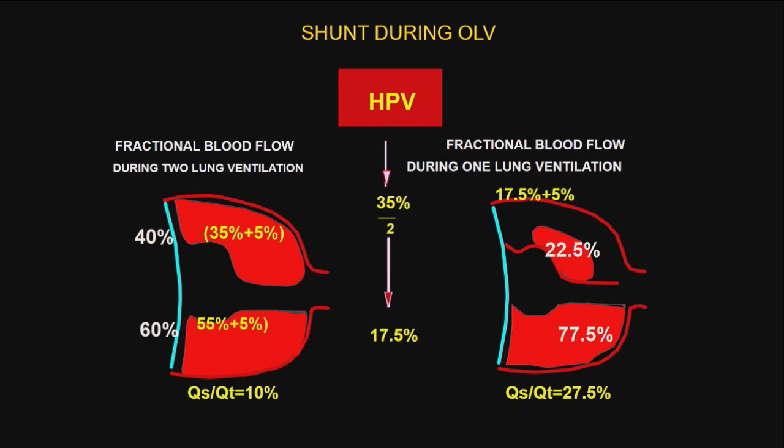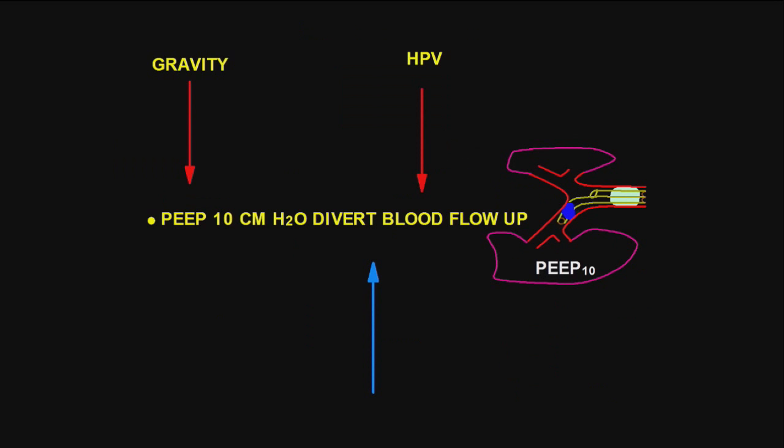So with one-lung ventilation and 50% of this shunt going down because of HPV, you end up with about 27% shunt totally. It's important to remember 27%, because once you go above 30%, an increment in FiO2 will not raise oxygen partial pressure anymore. So you want to keep it down.